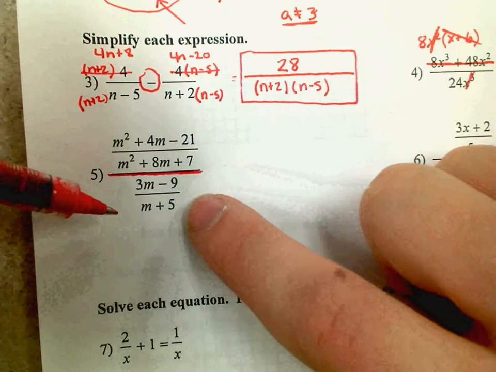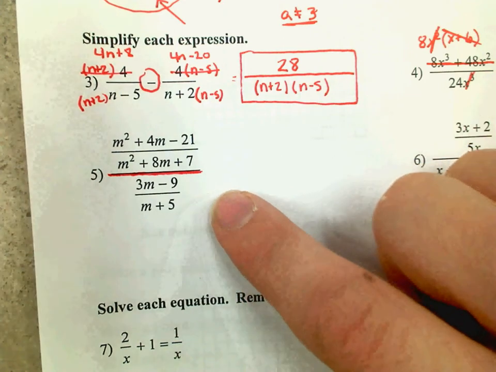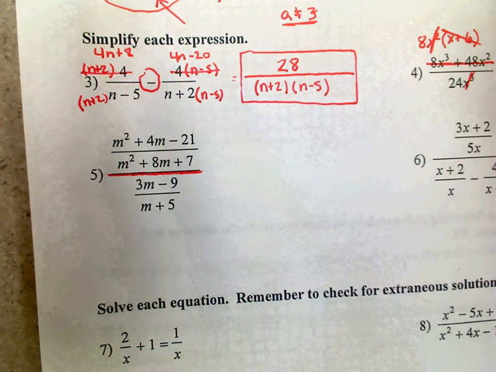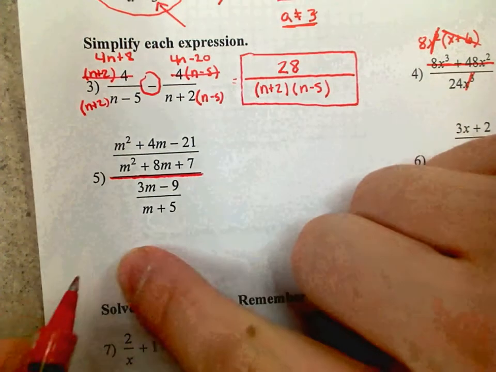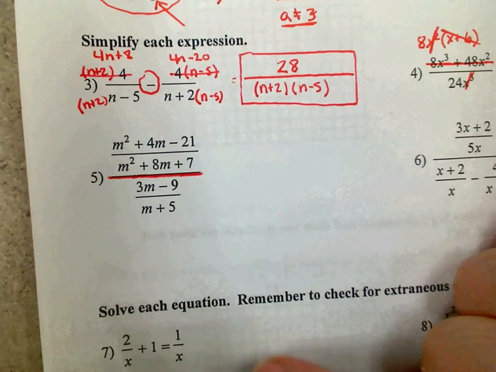Now when you divide, it's better to not ever even actually think of dividing. It's better just to say, okay, we multiply by the reciprocal. So I'm going to write this down and make it look like 4. I'll put the first fraction down.